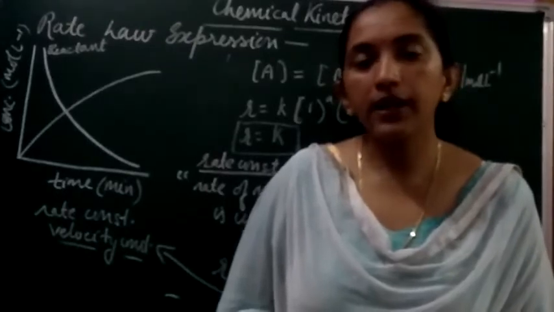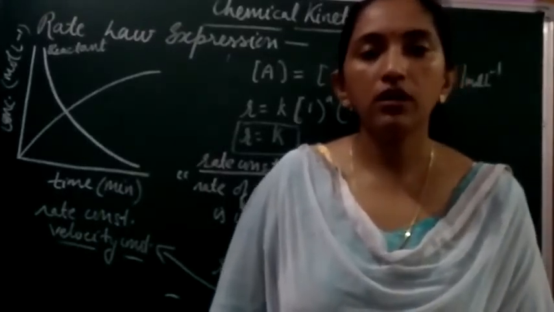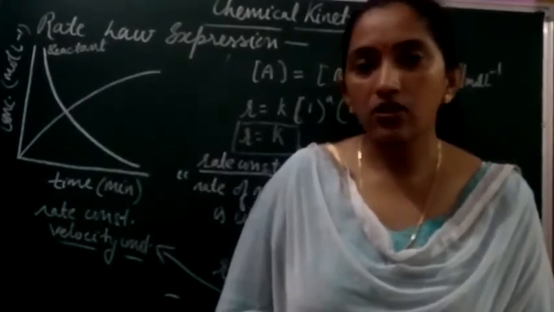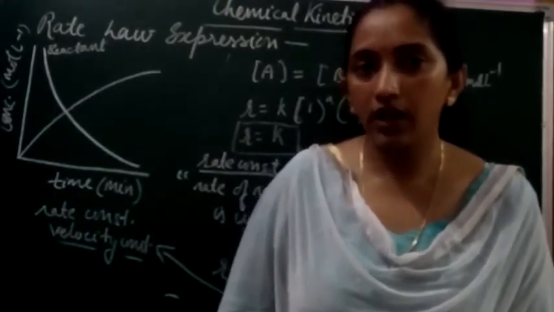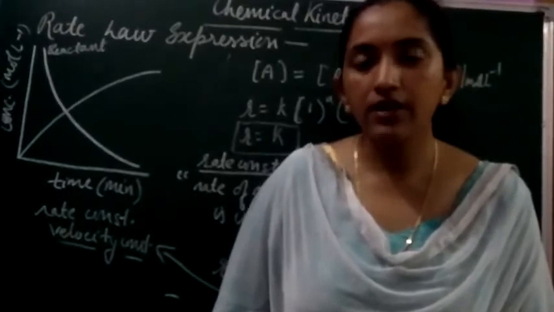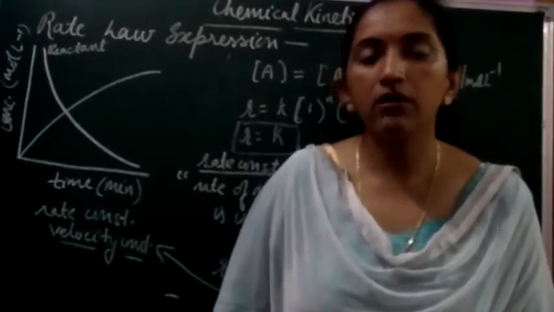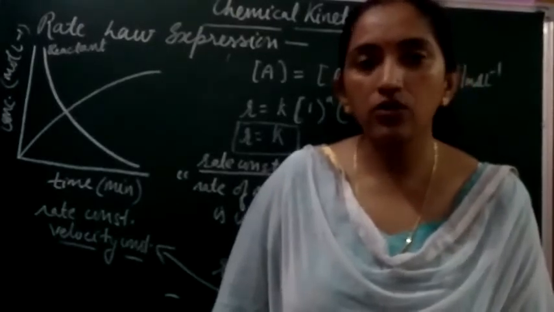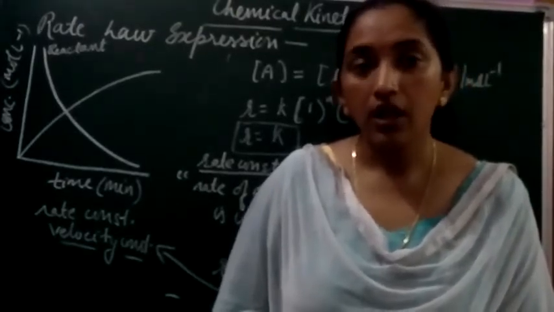Second, it is independent of the initial concentration of the reactant. Third, every reaction has a particular value of K. If the reaction changes, the K value is also going to change.